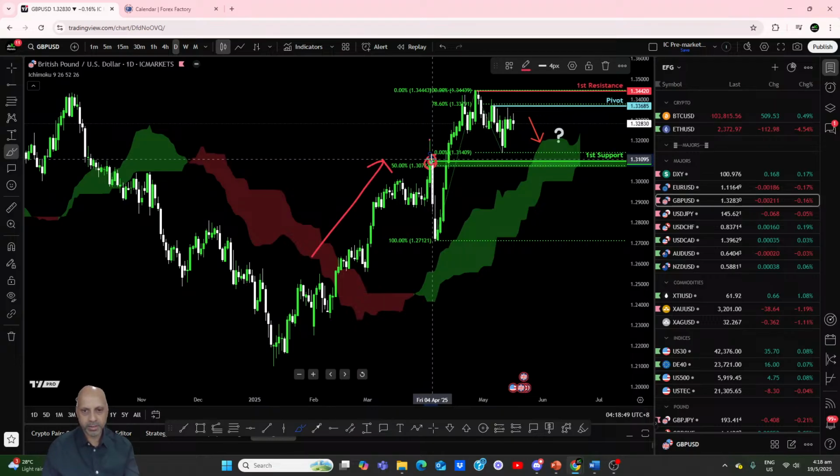So pretty decent resistance barrier here, which finally got taken out, and what was previously a swing high resistance could now function as a pretty decent pullback support level. So that's how the first support at 1.3100 has been identified as a pullback level. That's also accompanied by a Fibonacci retracement at 50%.